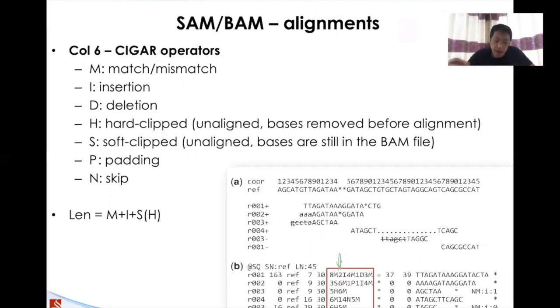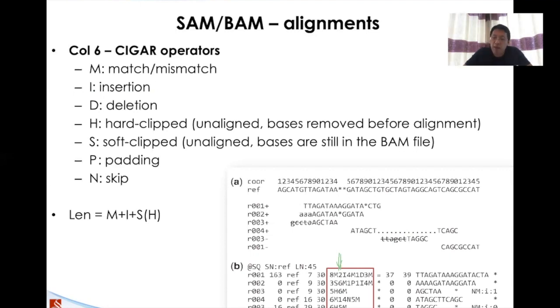M means match or mismatch. I means there is an insertion. D means deletion. H is hard clipping, and S is soft clipping. There is some distinction between hard and soft clipping, but I'm not going to go into too much detail. And P is padding, N is skip.